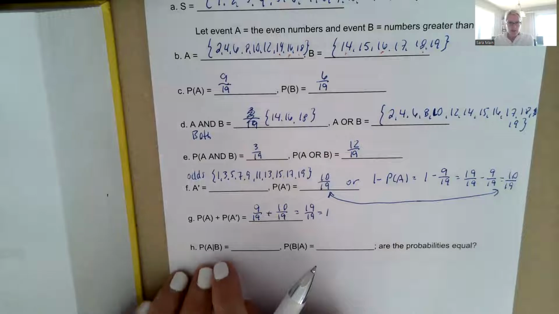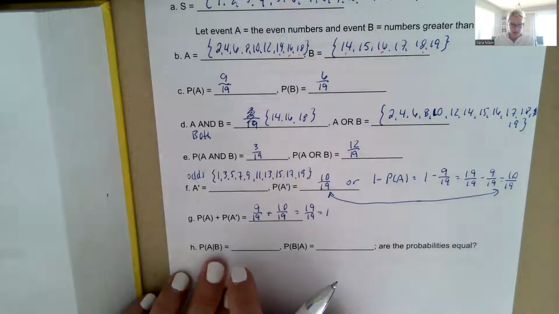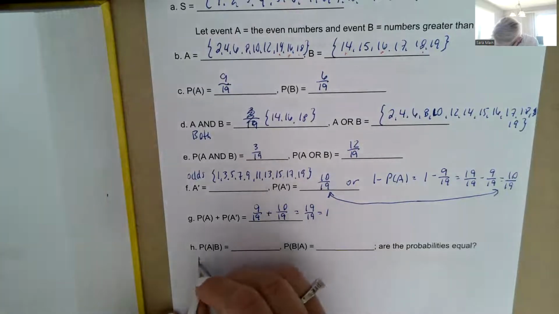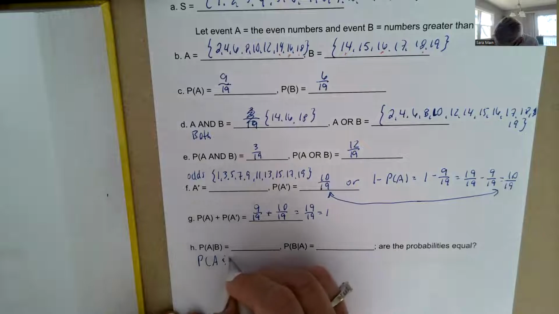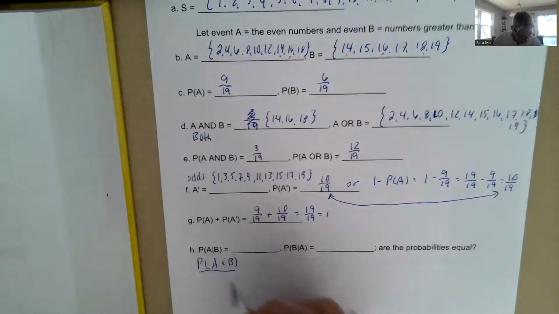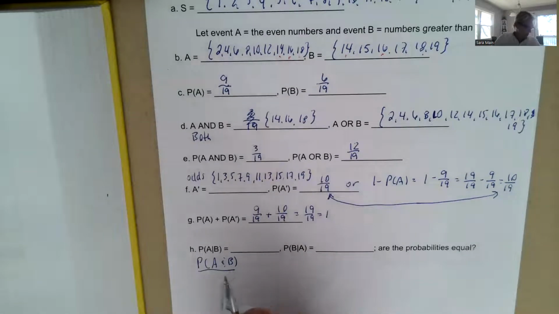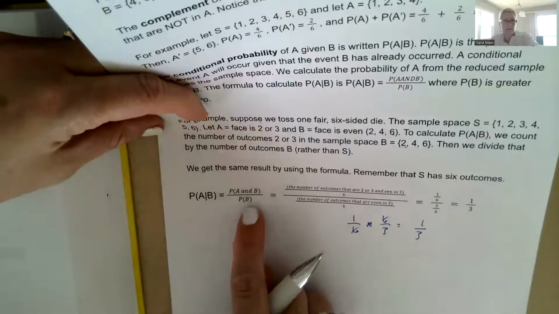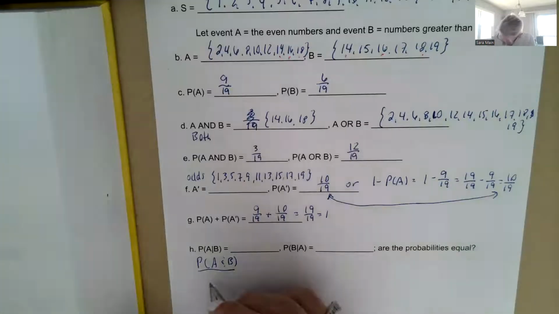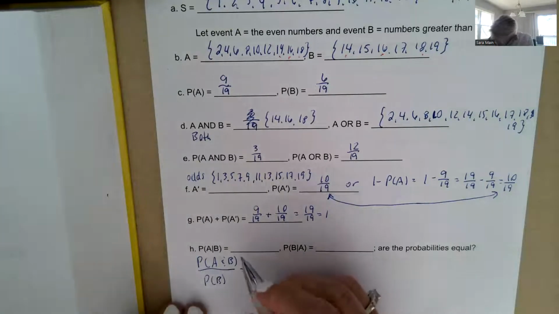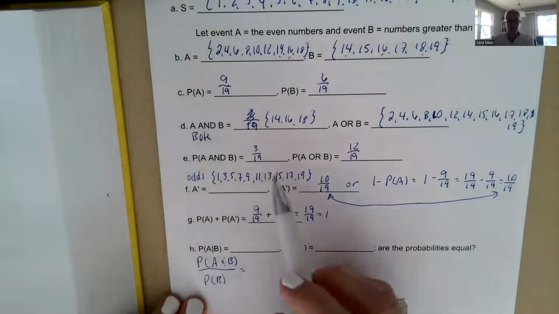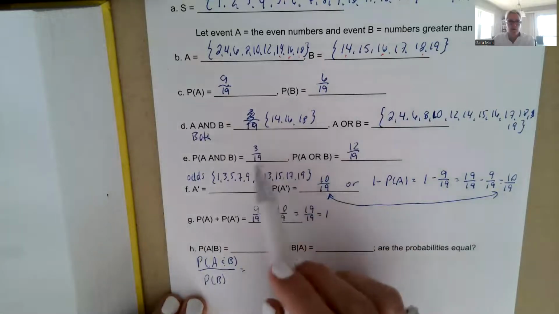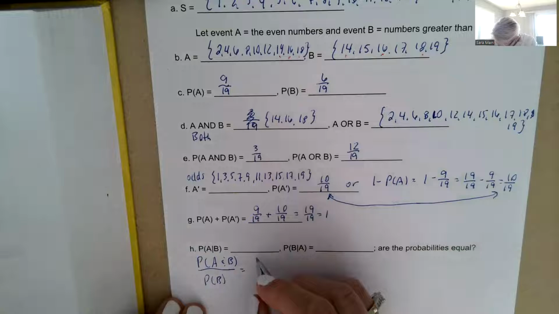So the probability of A given B means what is the probability of A and B divided by, make sure we go back to the definition. The probability of A given B is the probability of A and B divided by the probability of B. So A and B, we already said, the probability of A and B is 3 over 19.